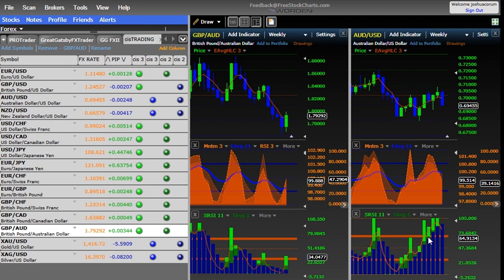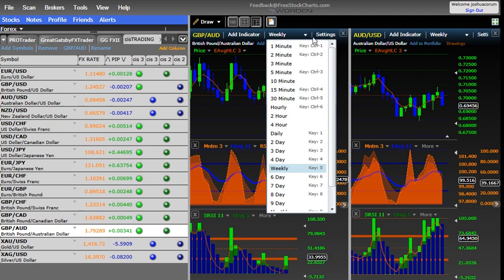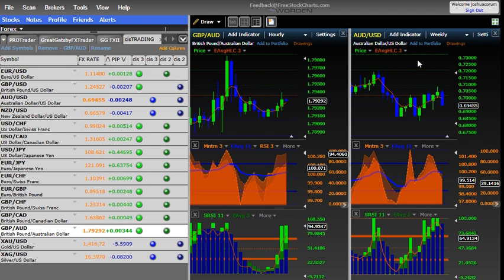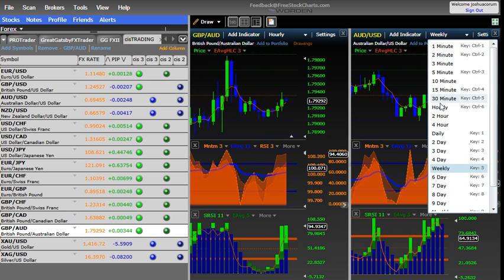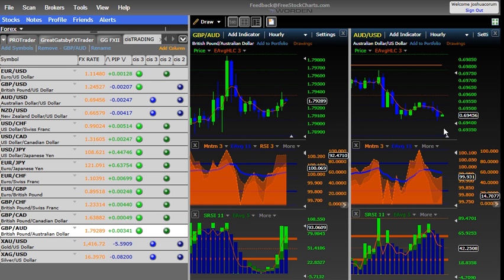We're going to take a quick look at some of the hourly signals on both of these. I'm going to flip it over to an hourly, and you can see what we look like on that hourly, on more of an intraday view. We've got a bullish cycle beginning with momentum leading our price action on this British pound Australian dollar. We have momentum leading with a turn up on the Australian dollar US dollar, but we've entered into a bearish cycle on this trade.